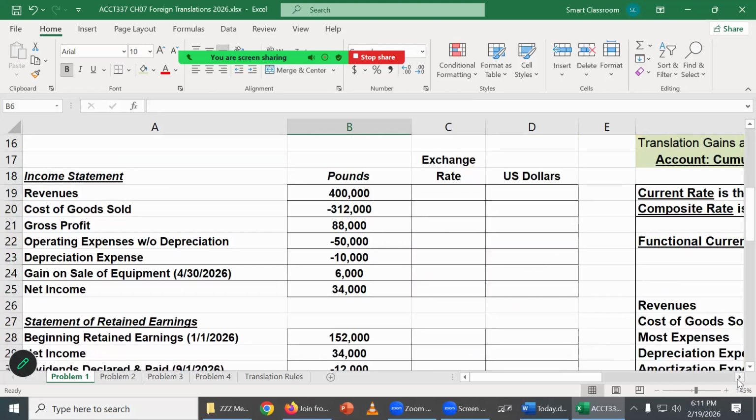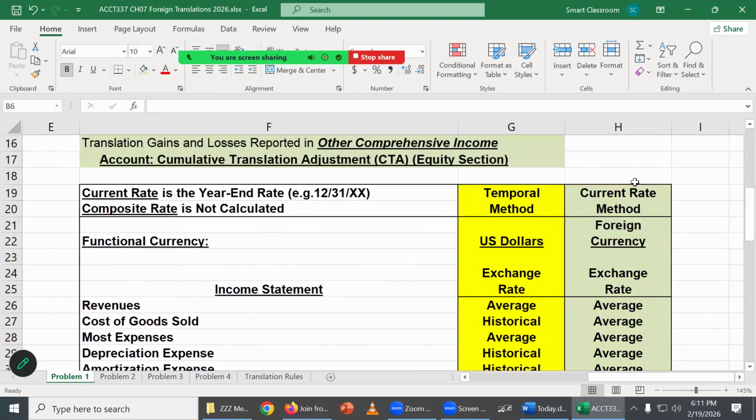So we're going to use the current rate method, which is this one.